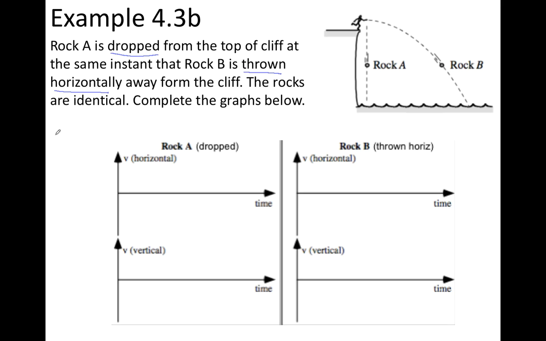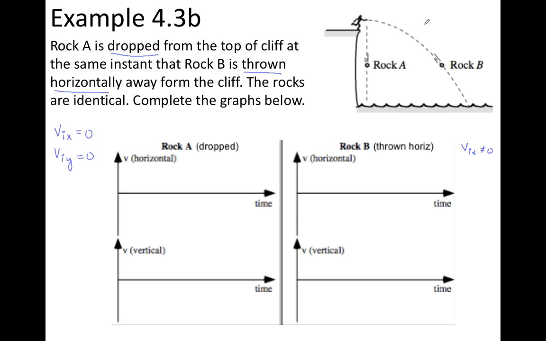So rock A has an initial velocity in the x direction of 0, because it's dropped. Same thing for our y direction velocity. Okay, rock B is thrown horizontally. So rock B will have some initial x velocity that is not 0.